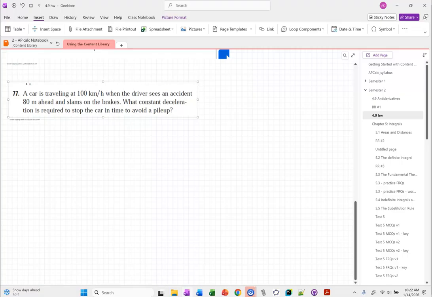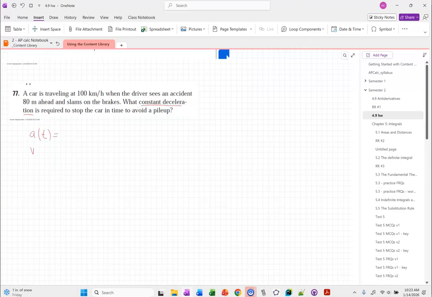It says a car is traveling at 100 kilometers per hour when a driver sees an accident 80 meters ahead and slams on the brake. What constant deceleration is required to stop the car in time to avoid a pylon? Okay. So we were looking for a value for A of t, right?